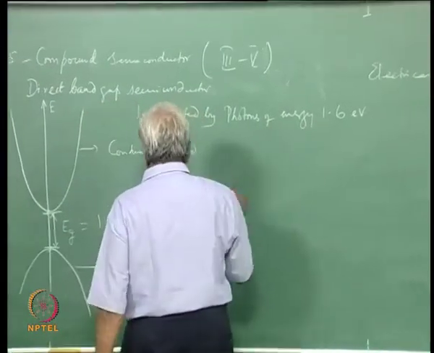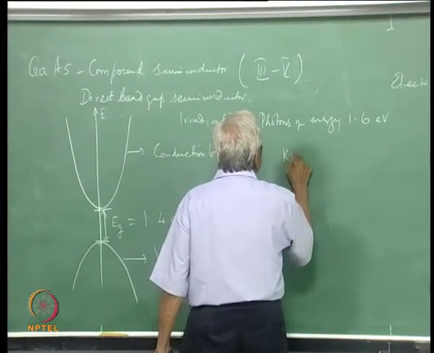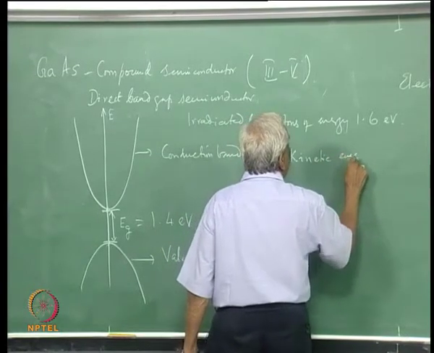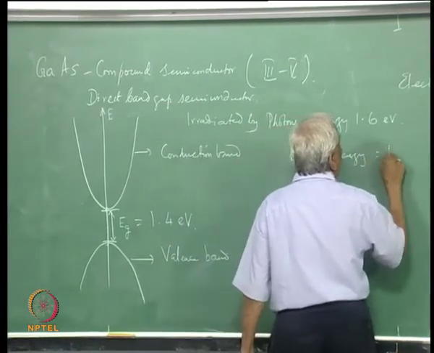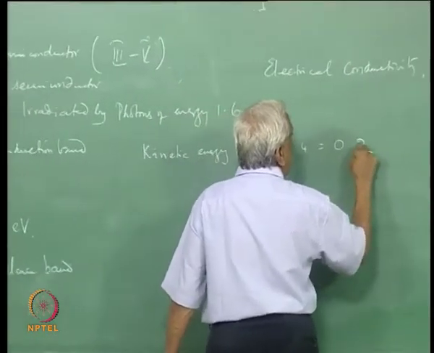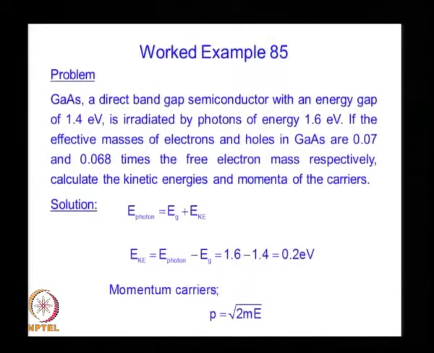So, the difference in energy, 1.6 and 1.4, gives you the kinetic energy of the carriers.